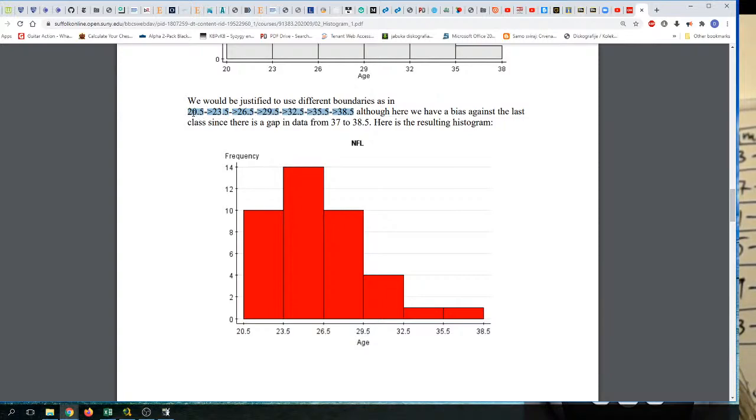You could also start with 19.5 and go all the way to 37.5. That is also 18. You will also have classes of width 3 each. Starting with 19.5, the first class ends at 22.5, the second class at 25.5, then 28.5, then 31.5, then 34.5, and the last one is going to be 37.5.